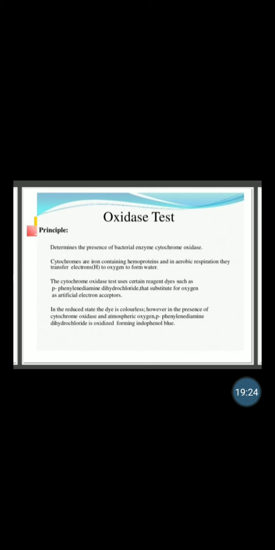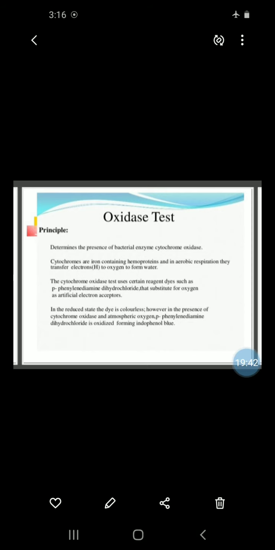Cytochromes are iron-containing hemoproteins, and in aerobic respiration they transfer electrons to oxygen in order to form water.